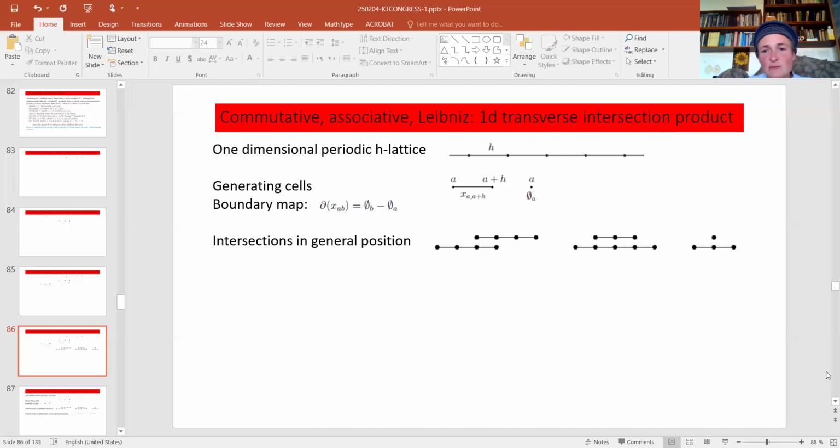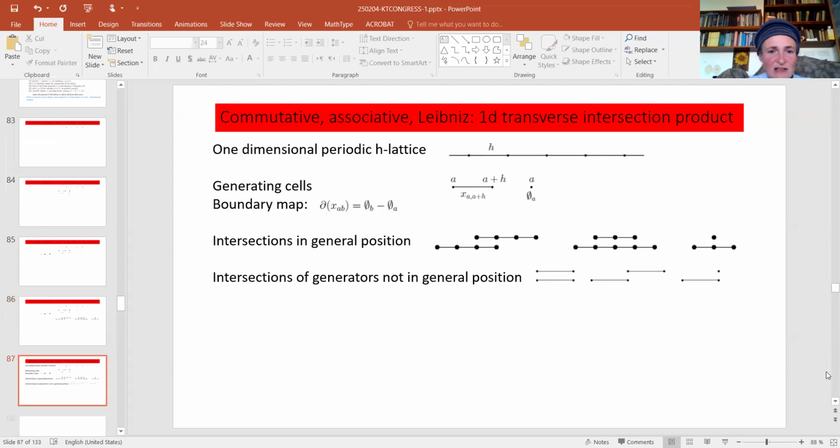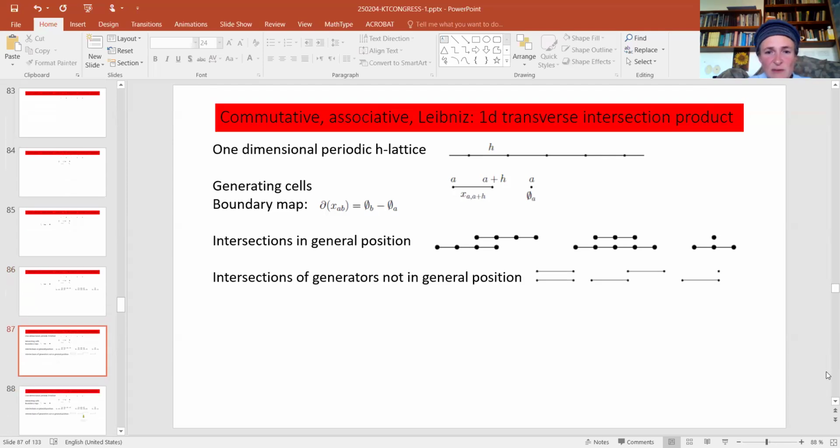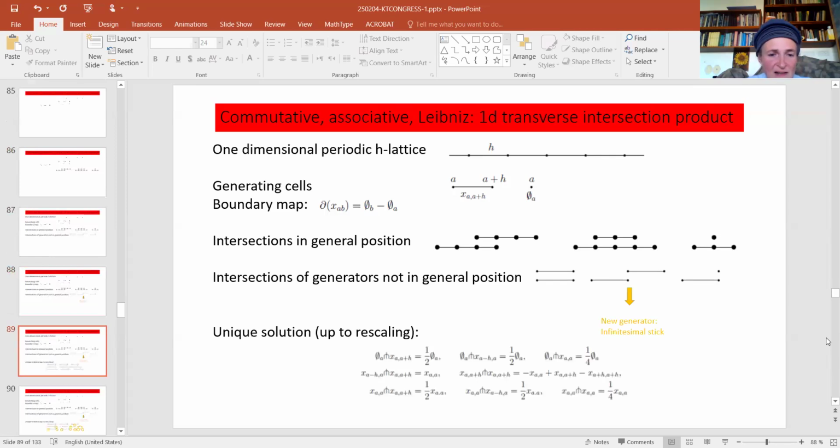Intersections in general position are what you expect them to be, the geometric intersection. When they're not in general position, this will be a new generator, and that then forces everything else. So the unique solution up to rescaling is what we've got here.